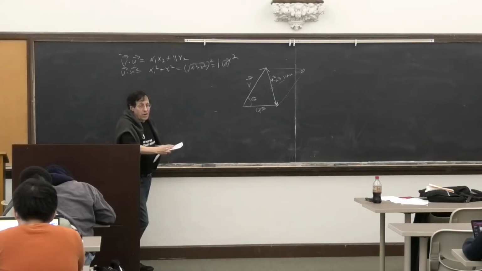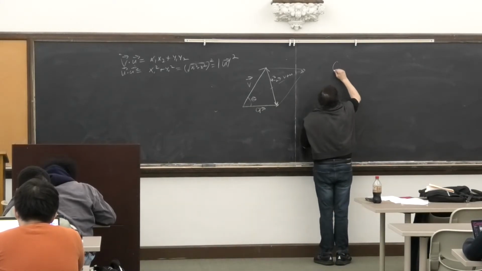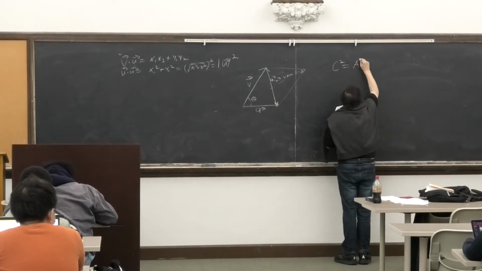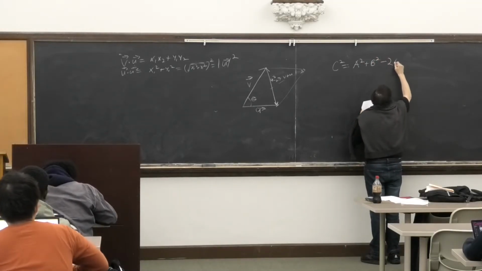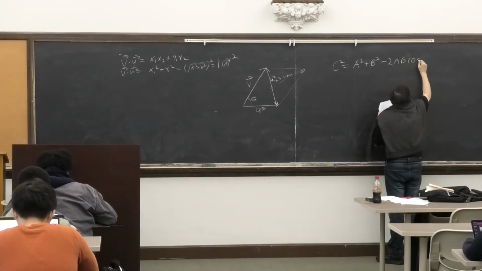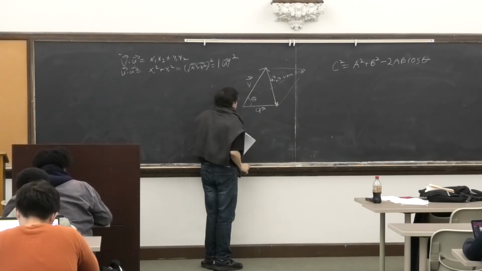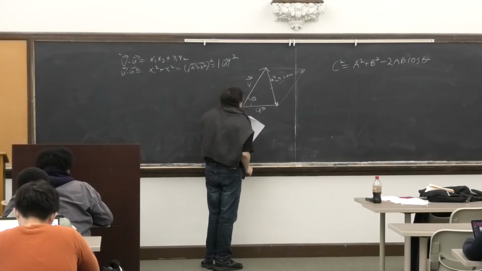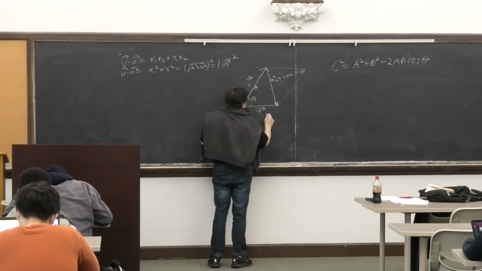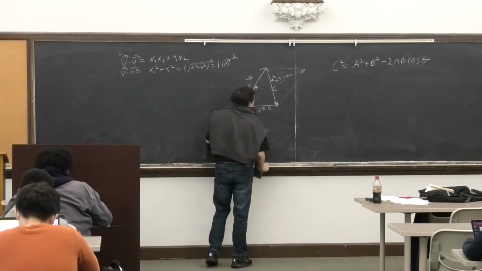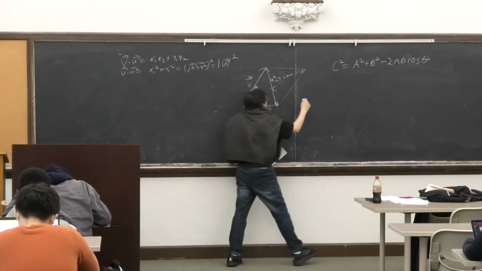And we're going to apply our law of cosines, which you'll remember is c squared equals a squared plus b squared minus 2ab cosine theta. We're going to apply this here. This side of the triangle is going to be our a, this is going to be our b, and this is going to be our c. Well, what's the length of c?